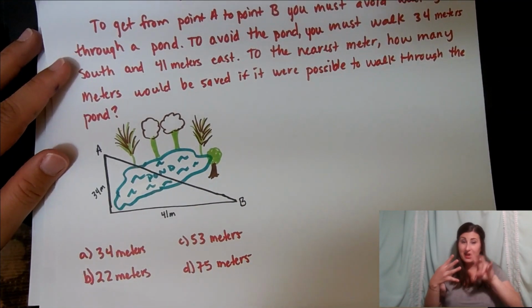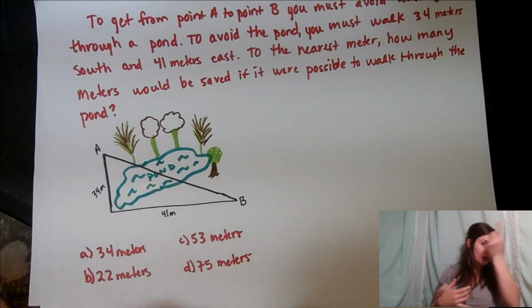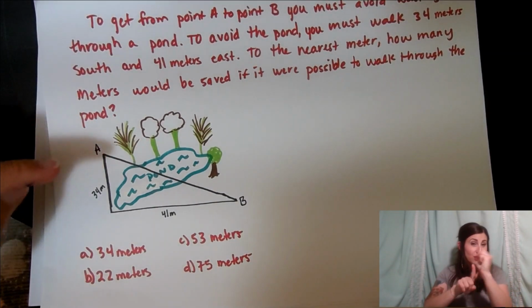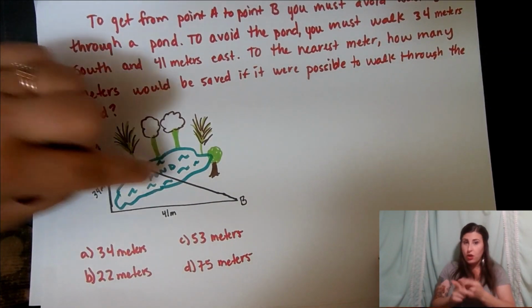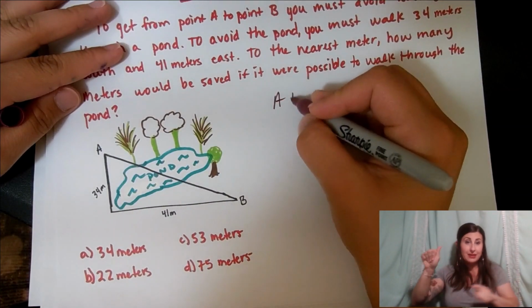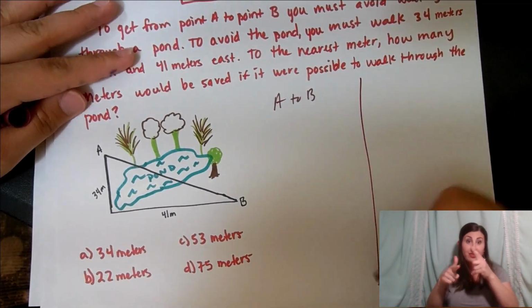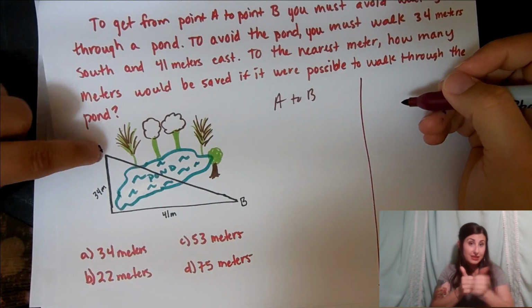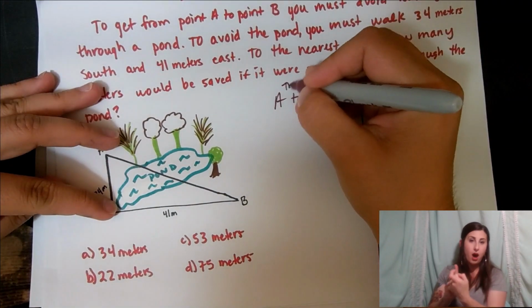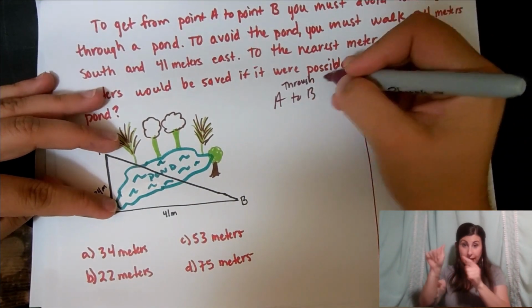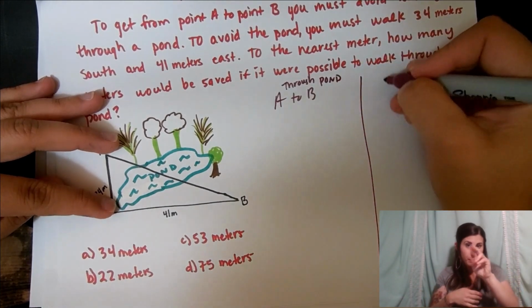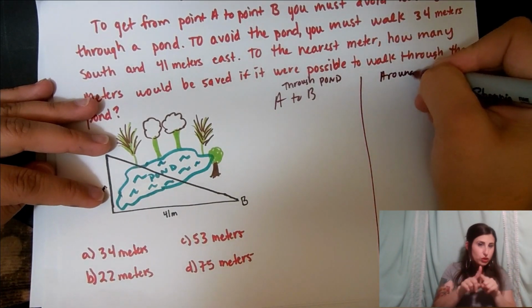Okay, so it kind of looks like I'm going to have to do two different situations here. All right, I would have to figure out the distance from A to B. So from A to B, and then I would have to figure out the distance to walk around. So this would be through the pond, and this will be around the pond.